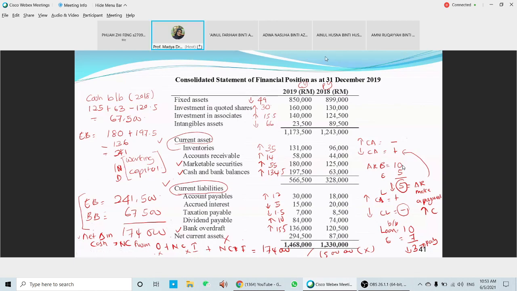Okay, so after we analyze, we need to prepare the statements. So how are we going to prepare the statement actually? We're going to start with the indirect method first. I just showed you the answer, but later on, we try to find where those figures come from.